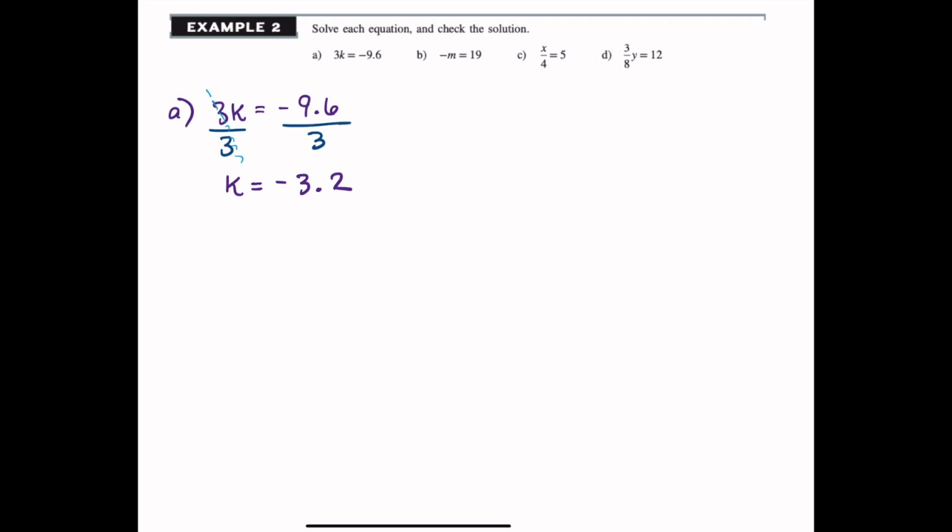So that will be our solution, and you can check this by plugging it in. 3 times k, we're saying k is negative 3.2. This will be equal to negative 9.6. So the result is true.